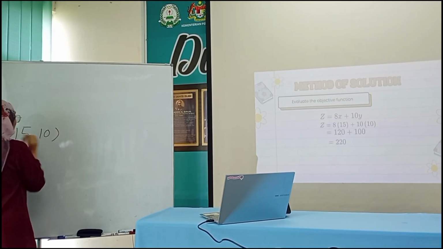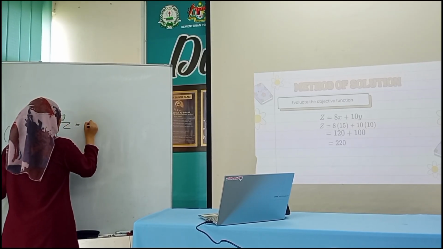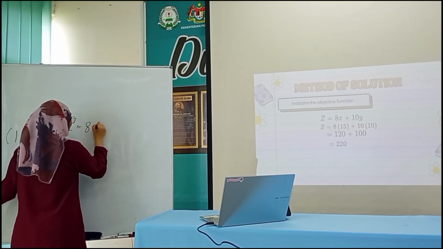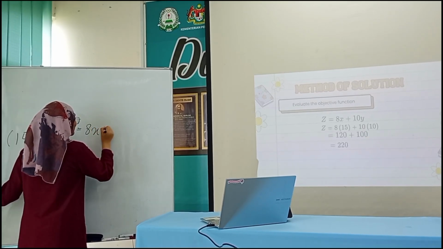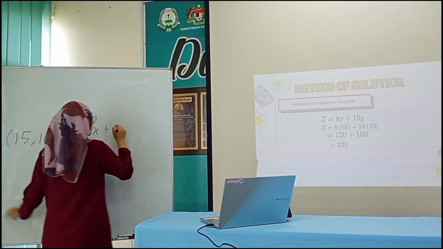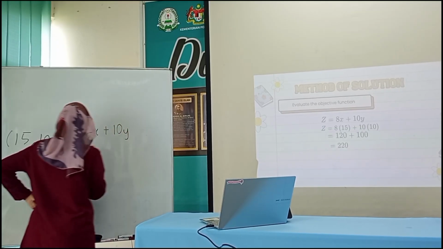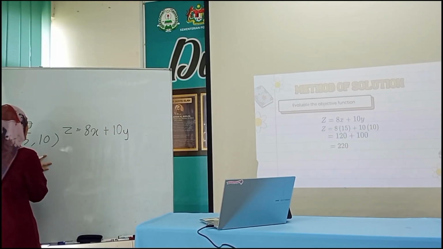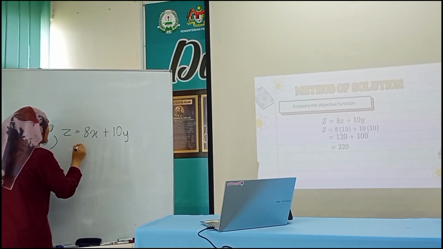So the objective function is z equals 8x plus 10y. We have to substitute these values into this equation.